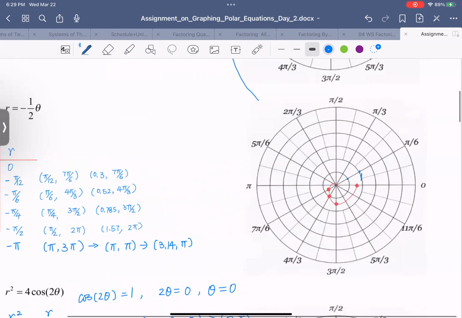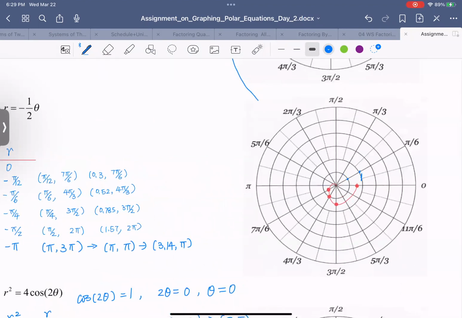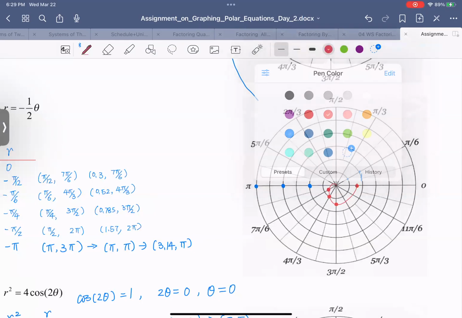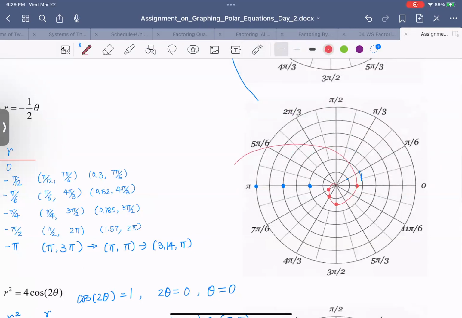Also, we count this as 1, this as 2, this as 3. So the point is going to be there. So that next point is going to reach here. Makes sense? So the next point is going to jump here.